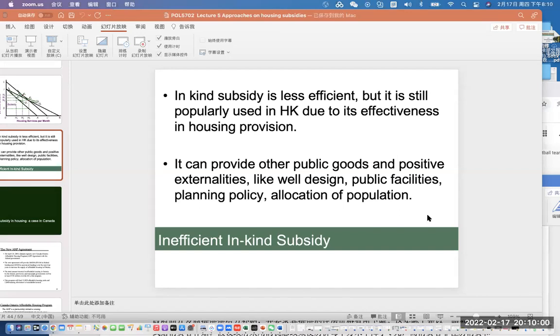But in the housing situation, I'm not quite sure, but if social housing is some kind of in-kind subsidy, I think that the in-kind subsidy is kind of efficient because it worked quite well in Hong Kong.